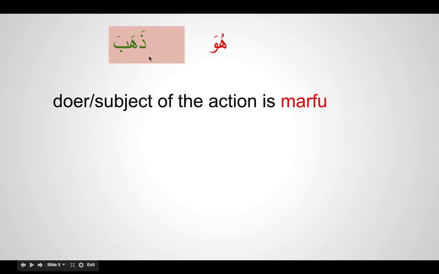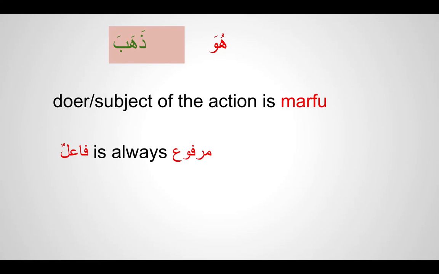So in zahaba, who is the person who is leaving? He. That's huwa. So that is the fa'il. Huwa zahaba. So the subject or the doer of the action is marfu, and that is called a fa'il, and the fa'il is always marfu.